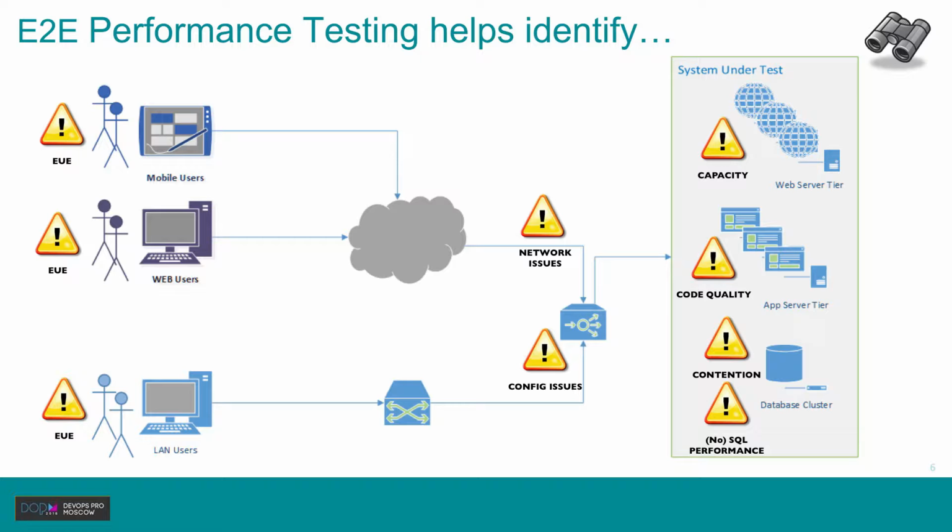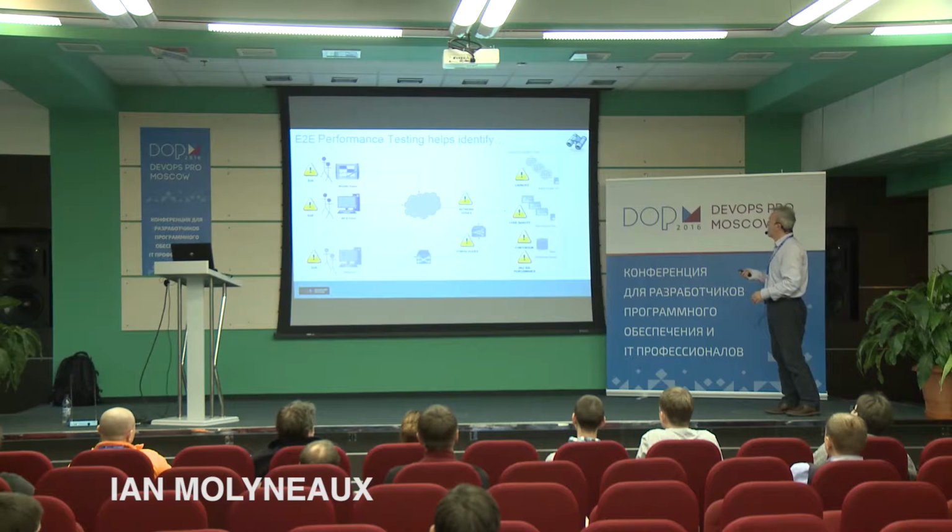And in the system under test, do we have enough capacity? Because that's usually where we get things fail. Looking how good is our code quality, the application server tier, if that's part of our deployment model. What's happening on the database? Have we got contention? Have we got problems with how we've factored our SQL statements, our stored procedures, all of that. So an end-to-end performance test, if you like a traditional performance test, gives us a lot of good information and continues to do so.